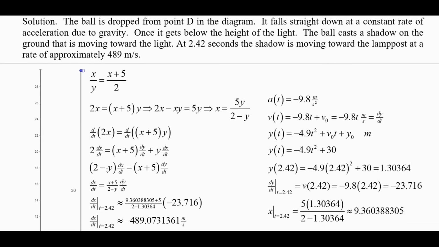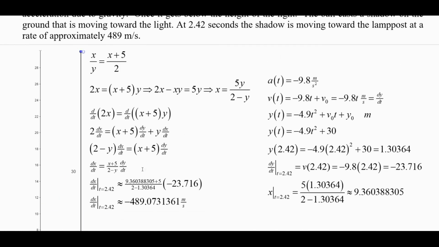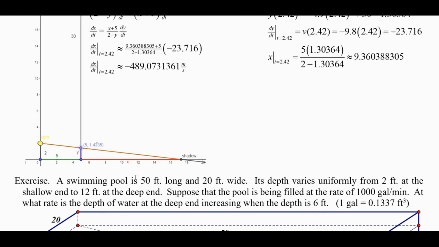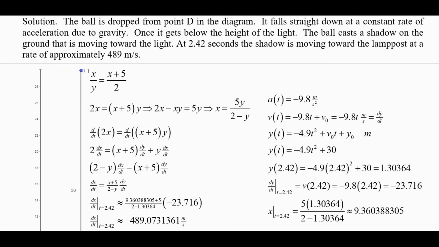So let's see what we've got here. Well, we know x over y is the same as x plus 5 over 2. That's from similar triangles there. All right, so cross multiply here. 2x is (x plus 5) times y.